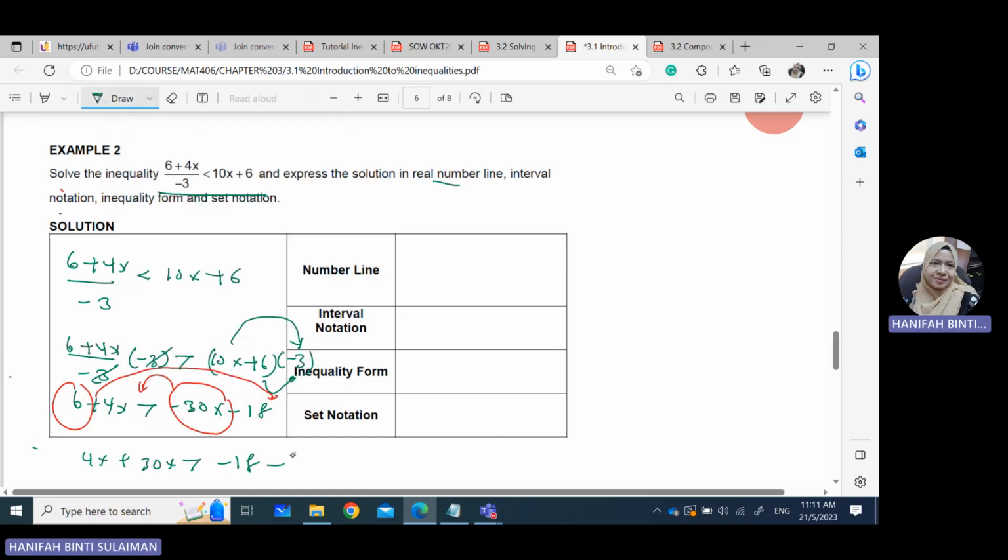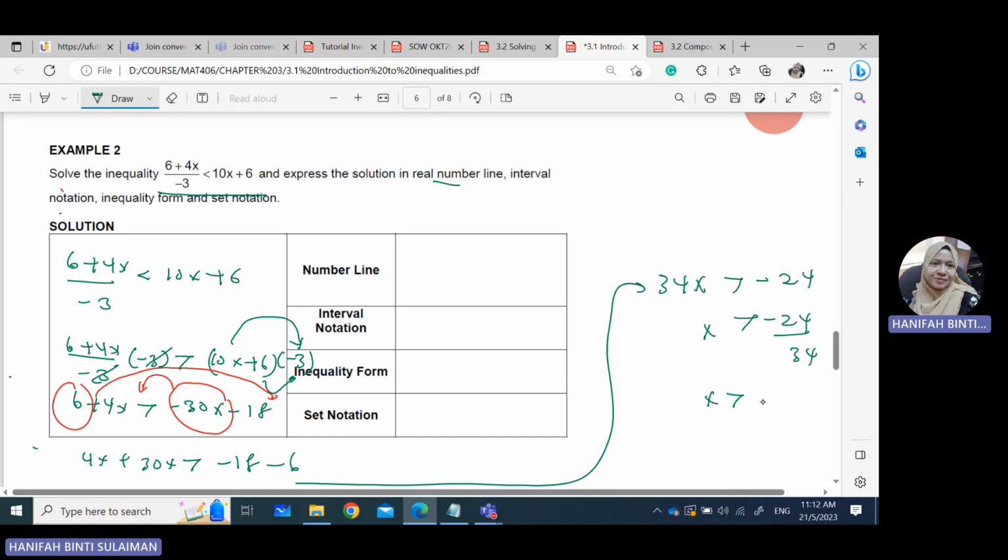Dan kita akan dapat negative 6 kat sini. So, selesaikan. Di sini 34x greater than negative 24.